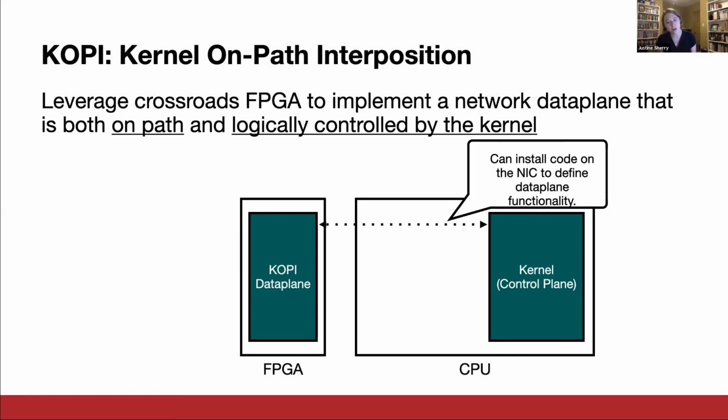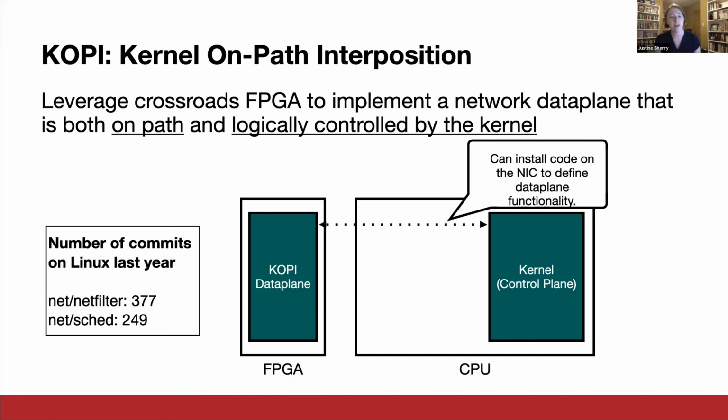Now, this is really important, that the kernel can make changes to the data plane using code. There are a lot of hardware systems out there from many manufacturers that offer functions like TCP offload or that offer functions like encryption. But these designs have been soundly rejected by the operating system community because they like to be able to update things. In the Linux kernel last year, there were over 377 commits to the NetFilter library.